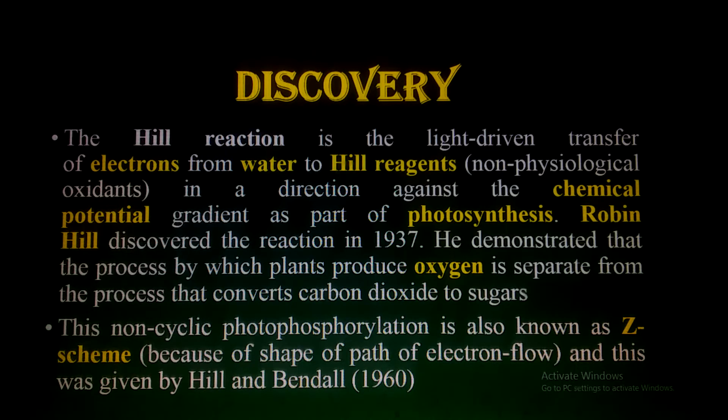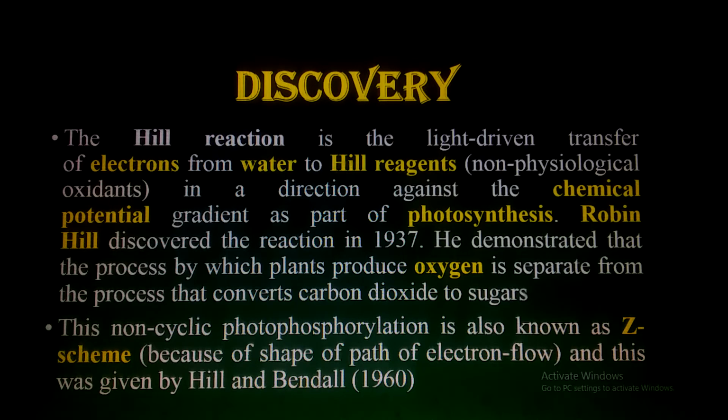He demonstrated that the process by which plants produce oxygen is separate from the process that converts carbon dioxide into sugar. The conversion of carbon dioxide to sugar occurs in the stroma, that is the Calvin cycle or the dark reaction. And the production of oxygen from the photolysis of water is the light reaction, which occurs in the granum.